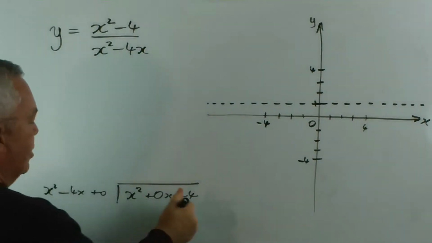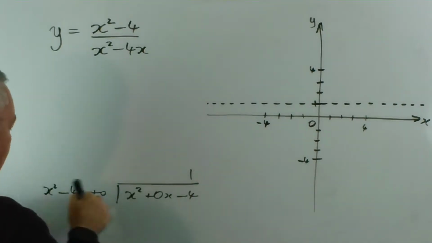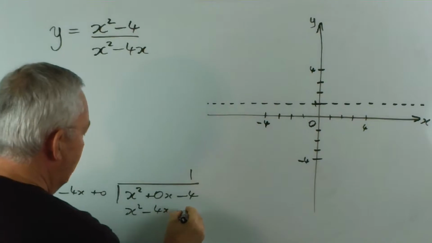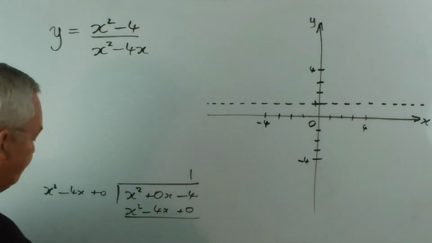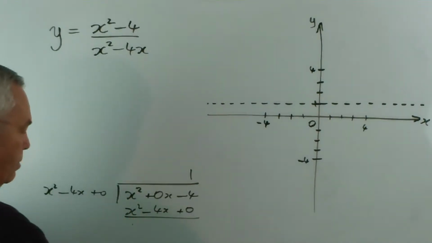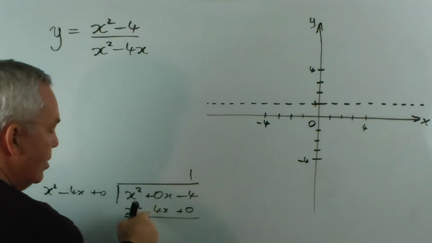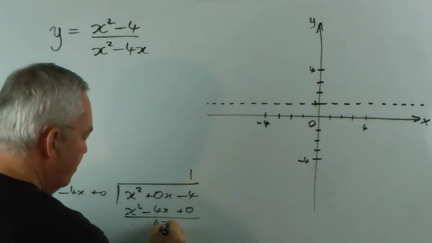Well, x squared into x squared only goes once, and we put the 1 in the units column. And 1 times all of this will be x squared minus 4x plus 0. And we perform our subtraction. X squared minus x squared is 0, as we expected. 0x's minus 4x is plus 4x.